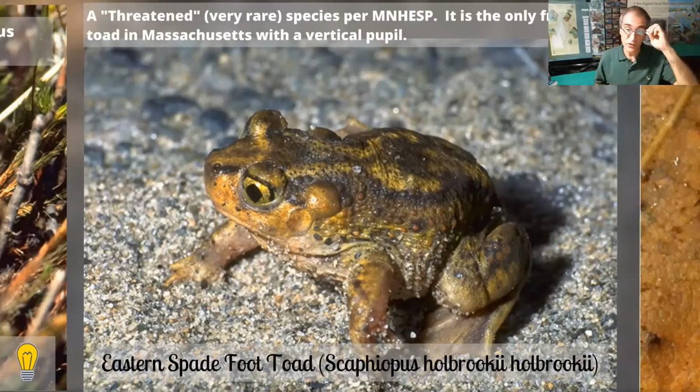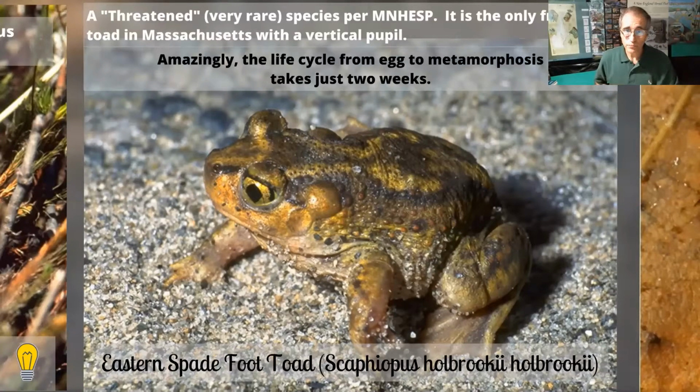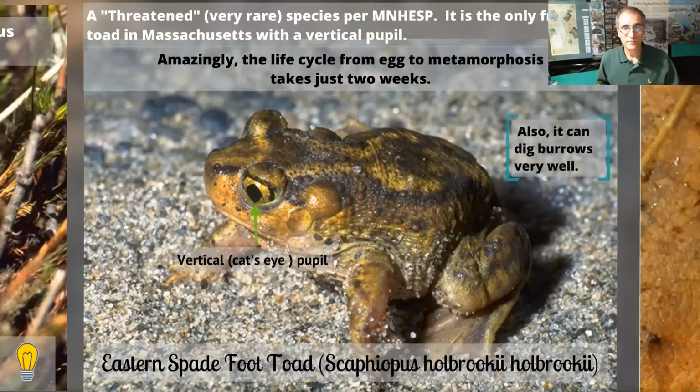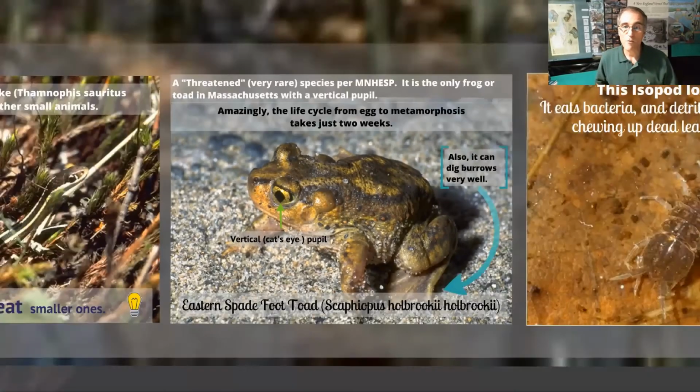That's very unique to these animals. Another unique characteristic of these animals, they can hatch out in 2 weeks. Can you imagine that? Hatch out and metamorphose into a frog, from egg to frog that leaves in 2 weeks. And they hang out in sandy soils. They burrow in the sand. They're very rare.